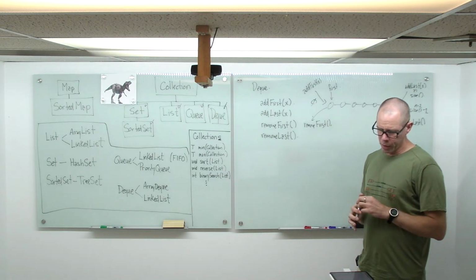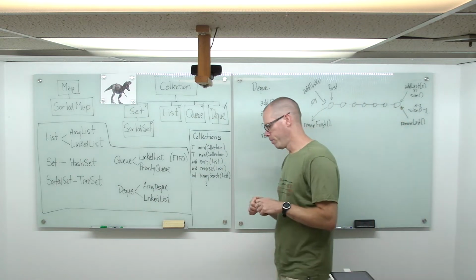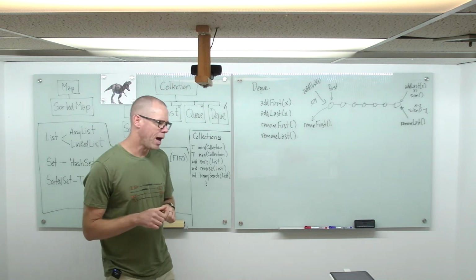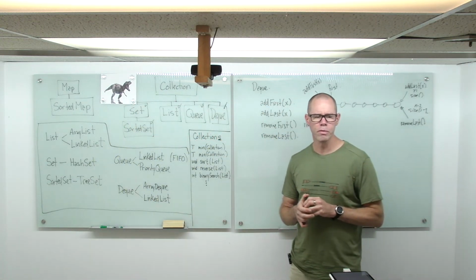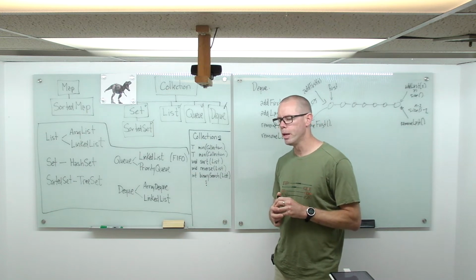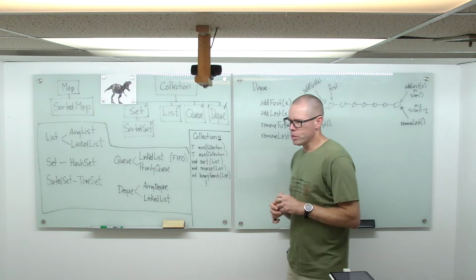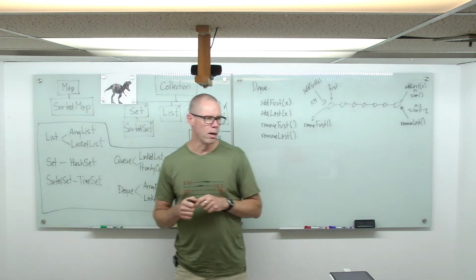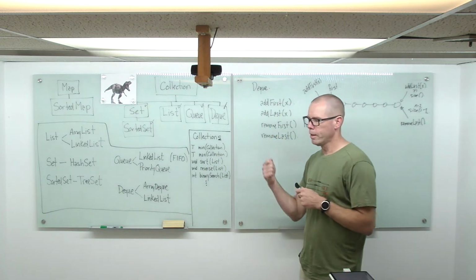What's the practical use for a deque? Why does it exist? Well, I know of one algorithm, and we may actually discuss it later. It comes from the field of computational geometry, where it's the right data structure to use to compute something called the convex hull of a chain.